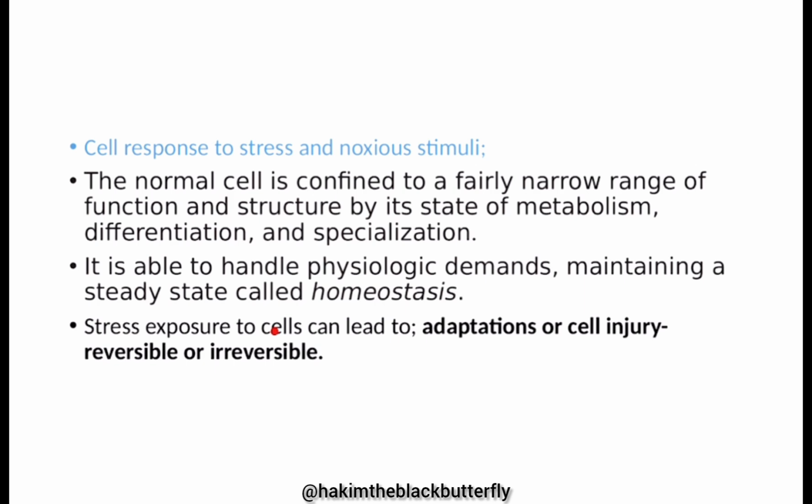They adapt to survive in that toxic environment, or they die. And if they die, we have what we call programmed cell death or accidental, unwanted cell death. Unwanted cell death is what we call cell necrosis. Programmed cell death is what we call apoptosis.